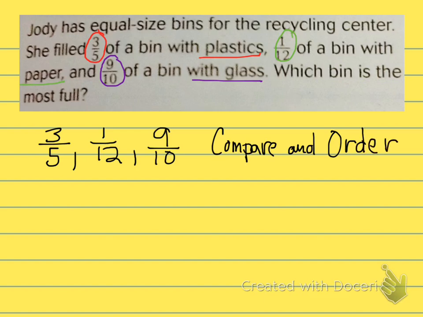Okay, so the first way I want to show you how to do this is to think of the number line. All of these fractions are greater than 0, but less than 1 whole. So let's create a number line.